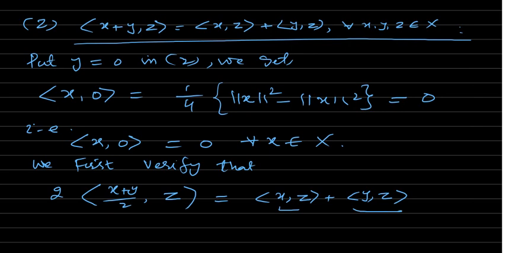तो वही तो हम एक्चुअली कर रहे थे, 1/2 को बाहर निकाल रहे हैं, जो यहाँ पर हम कल फंसे थे ना, कल के लेक्चर में. तो इस 1/2 को एक्चुअली बाहर निकालना है, तो ये वो हमें इससे मिलेगा. तो अगर हम y का वैल्यू 0 देंगे, it will be twice inner product of x by 2 with z is equal to inner product x z plus inner product 0 z is 0, जो हमने ऊपर वेरीफाई कर ही दिया है. तो यहाँ पर आप इसको लिख सकते हो सिमिलरली, inner product of 0 with x equal to 0. Similarly inner product of 0 with y is equal to 0 for all y in X. Okay, ये भी 0 के बराबर है.